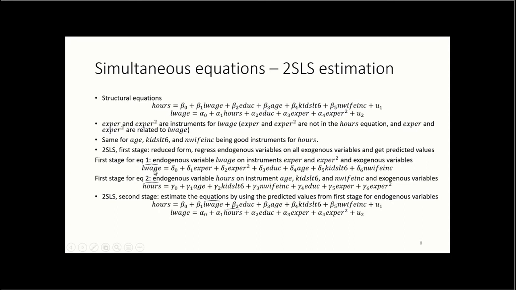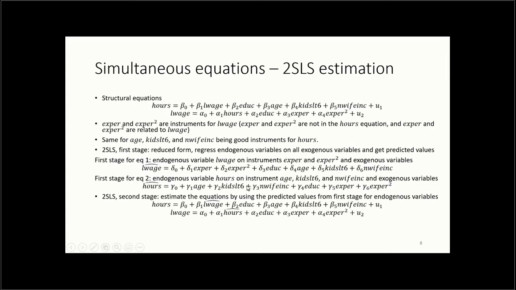The first stage for equation 2, where hours is endogenous, has hours depending on age, kids less than 6 years old, and non-wife income, which are the instruments, and then the exogenous variables.